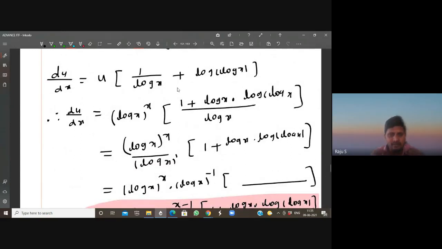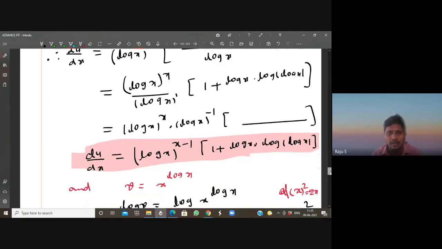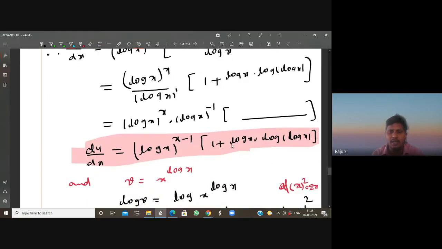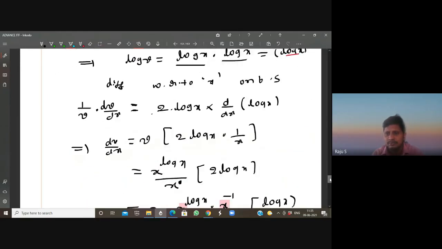How do we know whether we can take log x as LCM or not? No problem. You can stop here itself. If you don't know, you can stop there only, just replace this u value. If you know, if you have an idea, take LCM, or take log into the numerator, then the base is log, then the powers should be there. Like that you can do.